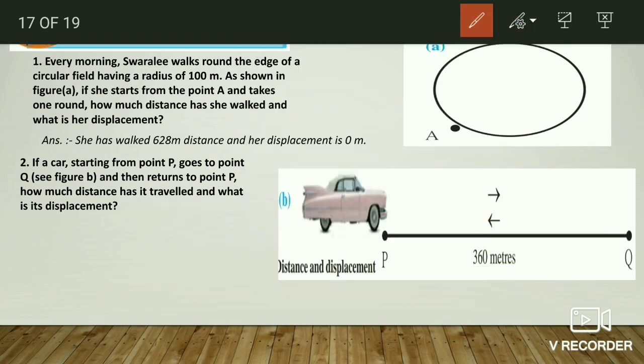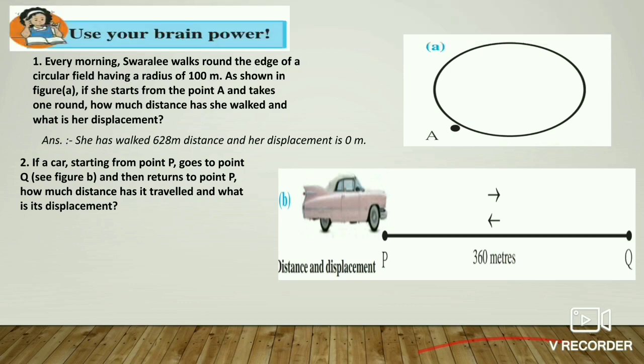Now first, distance. Distance means actual path traveled by an object. So here the car travels from P to Q and Q to P. So distance is equal to P to Q plus Q to P. Total distance traveled, that one is 360 plus 360 is equal to 720 meter.